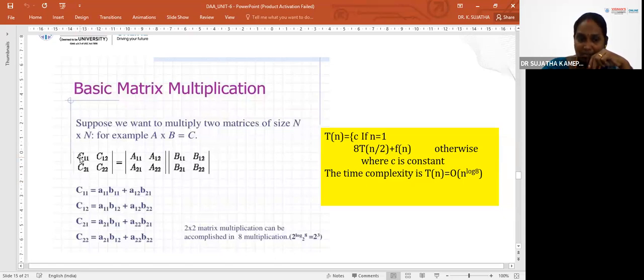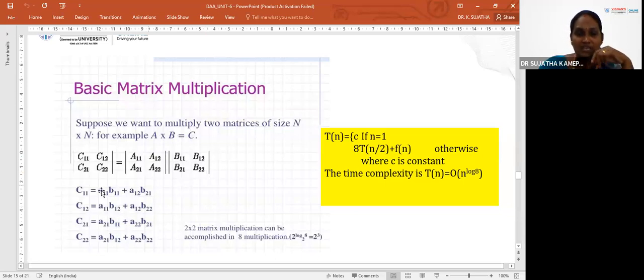C11 can be obtained by multiplying A11 with B11 plus multiplying A12 with B21. In the same way, C12 can be obtained as A11 with B12 plus A12 with B22. C21 can be obtained as A21 with B11 plus A22 into B21, and C22 as A21 into B12 plus A22 into B22.